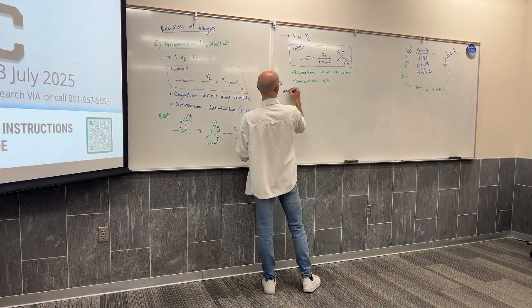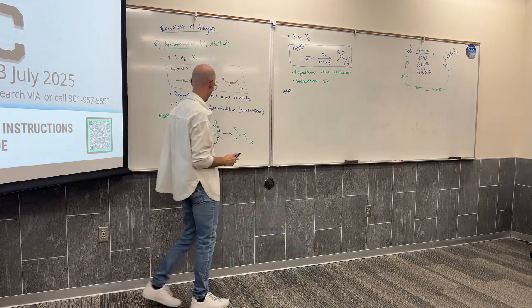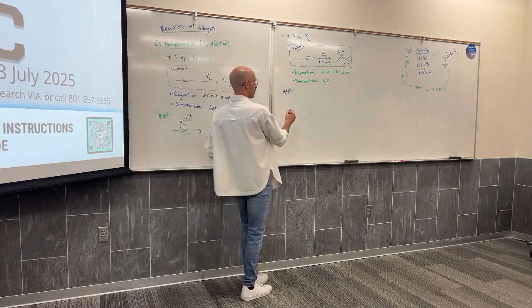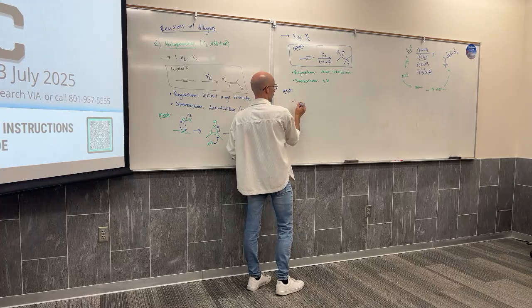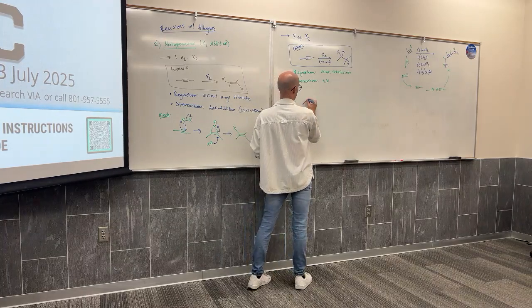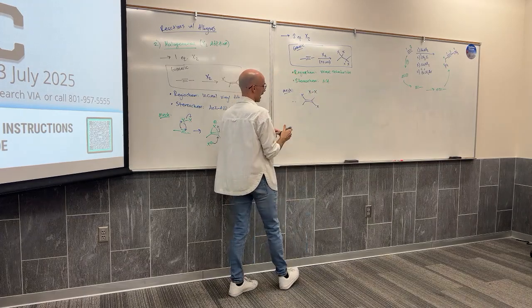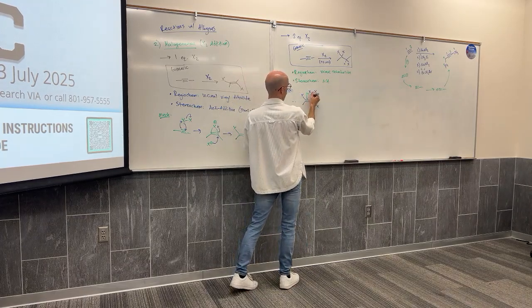And in terms of the mechanism, it follows exactly the same as this. So I'm just going to start off with... And then it reacts exactly the way that we saw alkenes react.